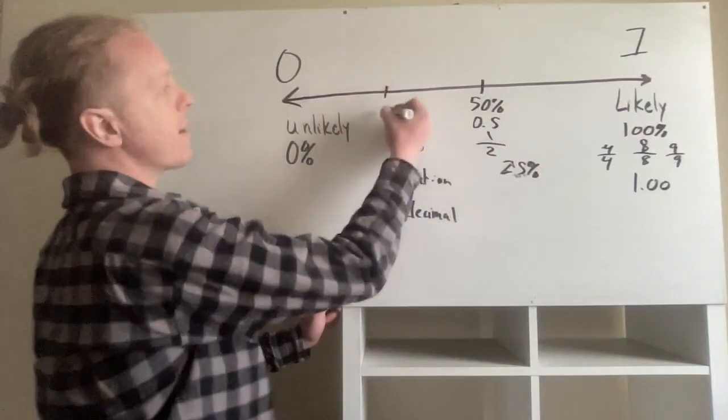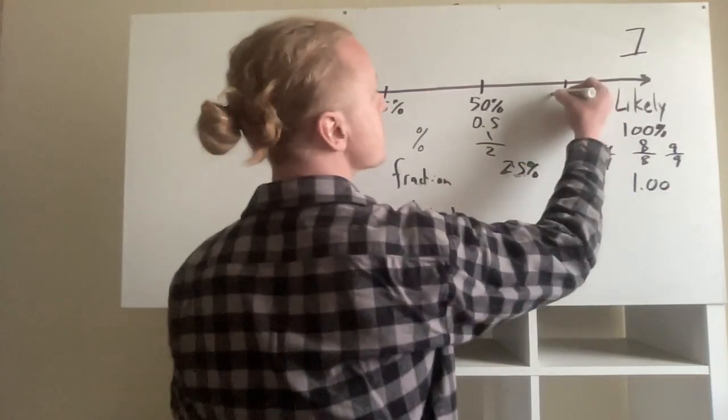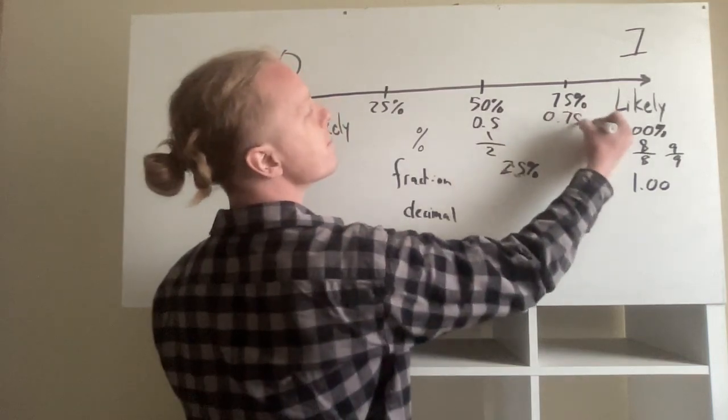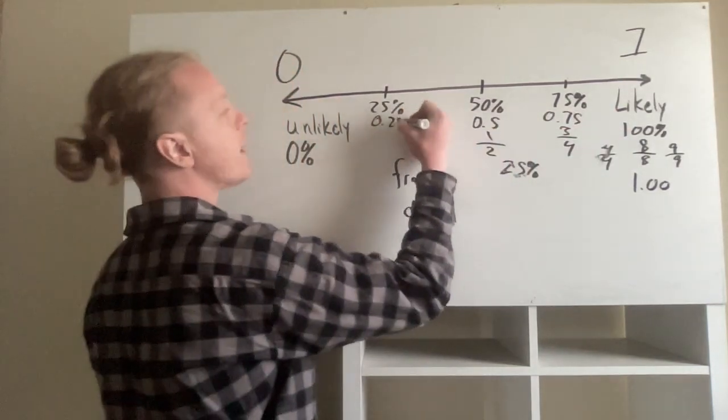So 25% would be right here, and 75% would go here. 0.75, or 3/4, okay, 0.25.